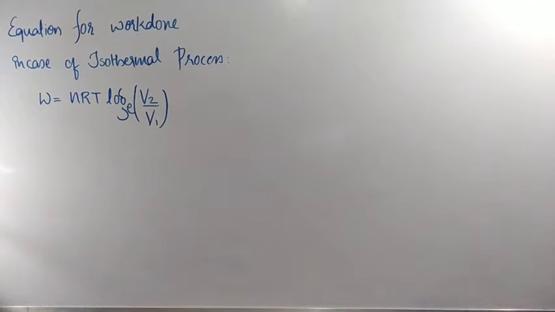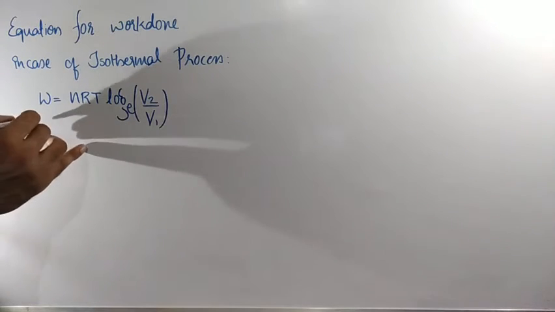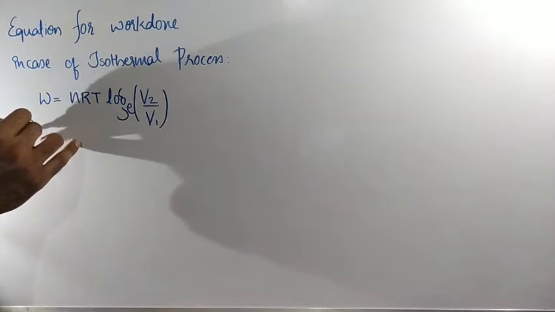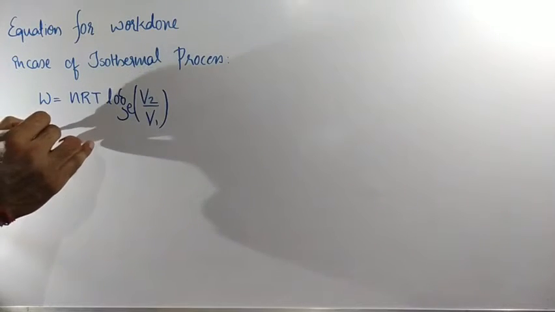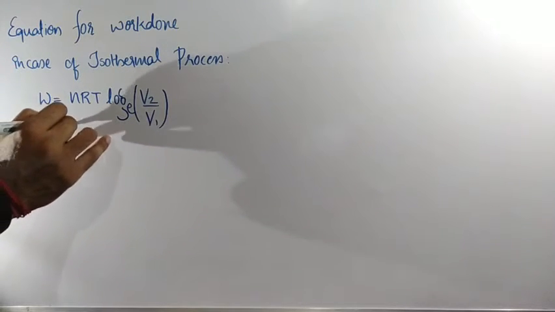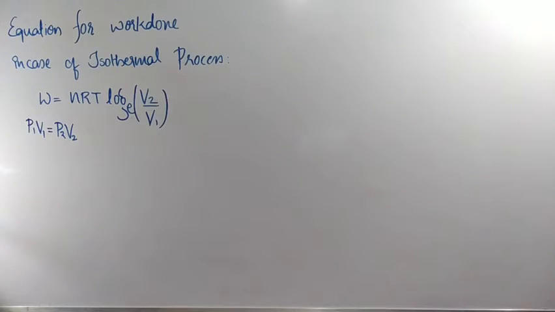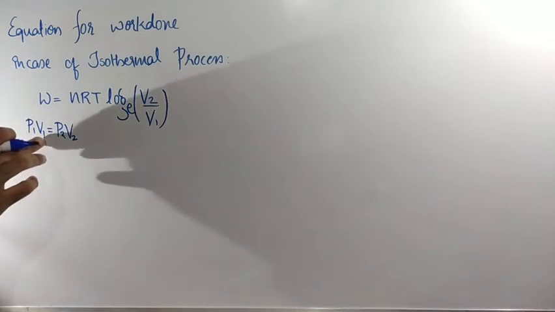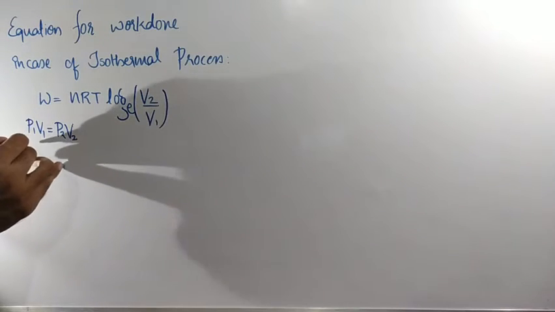Now, what is our next step? We know that P1 V1 is equal to P2 V2, as our last discussion says. If I separate V2 by V1, what am I going to get?